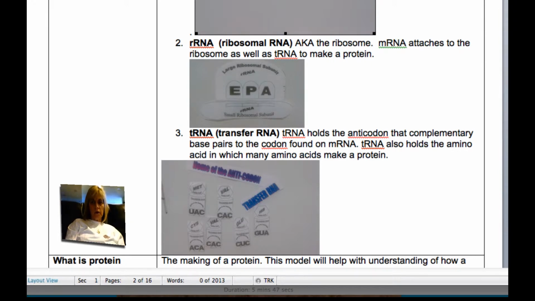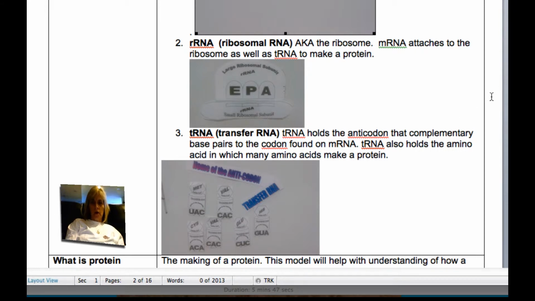The next RNA I want to introduce you to is transfer RNA. In your kit, it's going to look like this. It has a UAC, for instance, which is the anticodon that will hydrogen bond to the codon in messenger RNA. All transfer RNA carries an amino acid on top of it. In this case, UAC carries MET.